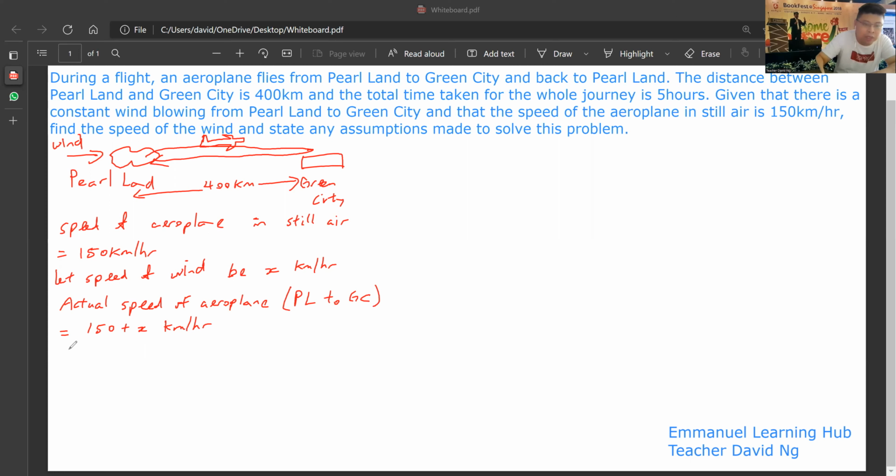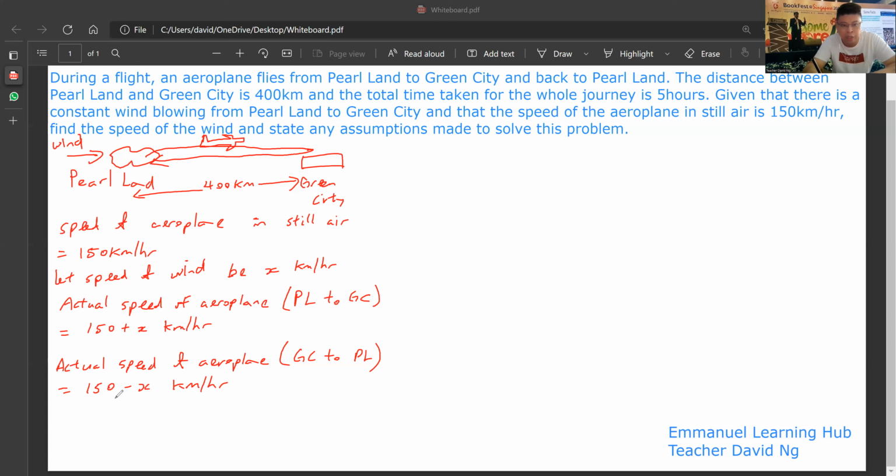Then when you come back, the actual speed of the aeroplane from Green City to Pearland, the wind is going against the aeroplane, so I need to subtract the speed of the wind.